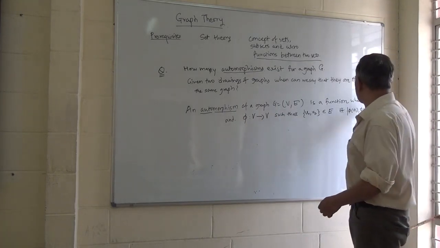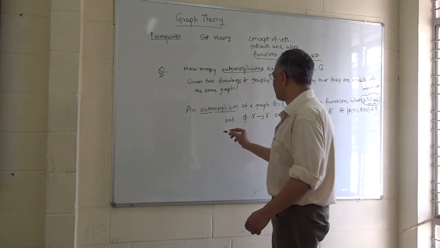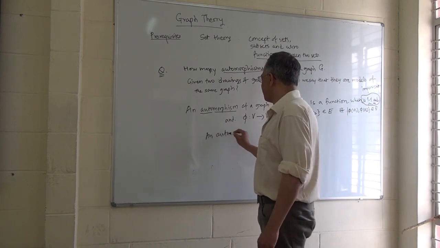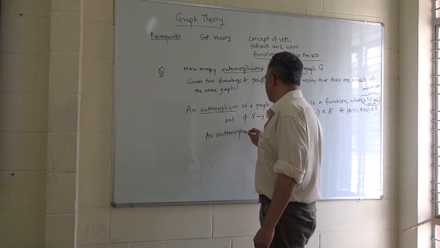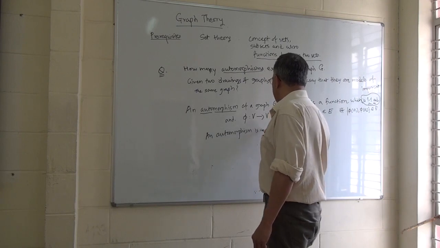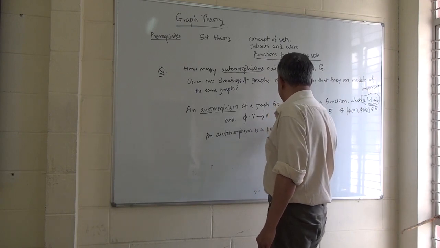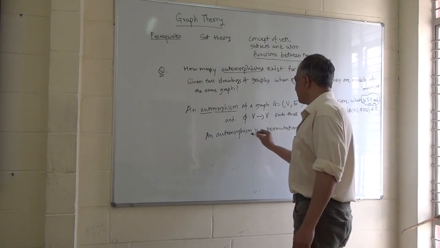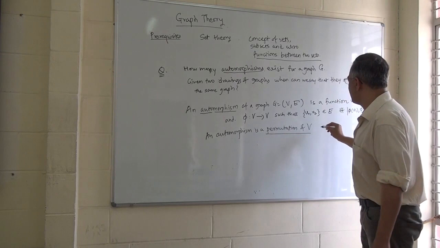Such a 1-1 onto function from V to V is called a permutation. So an automorphism basically is a permutation of V. This is another way of saying the same thing, which preserves edges.